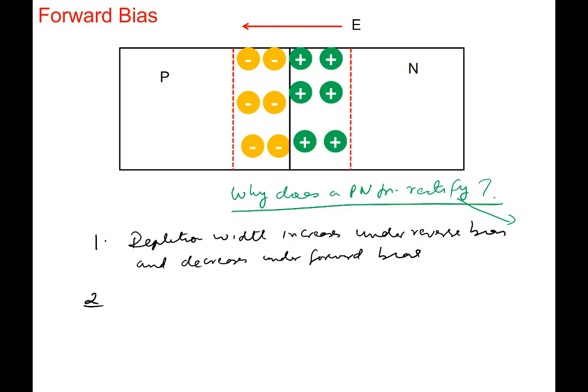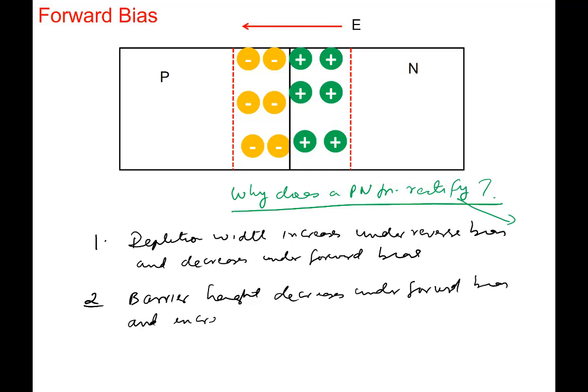Barrier height. Everybody is agreeing on barrier height? What do you want to say about barrier height? Barrier height decreases under forward bias and increases under reverse bias.